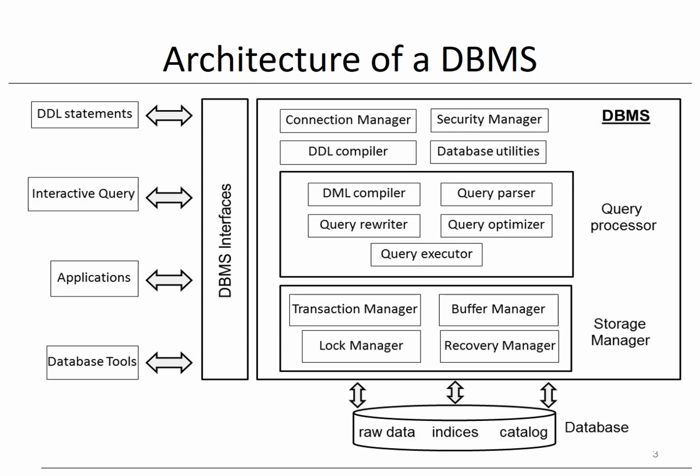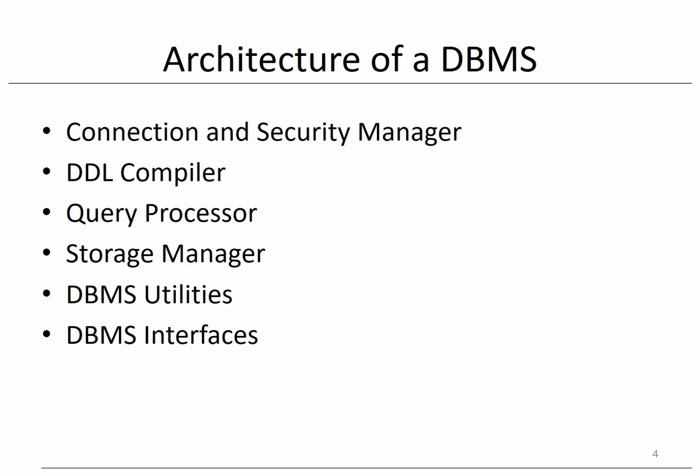All these components interact in various ways depending upon which database task is executed. The database itself contains the raw data, or database state, and the catalog with the database model and other metadata, including the indexes that are part of the internal data model, providing quick access to the data. In what follows, we discuss each component listed here more extensively.